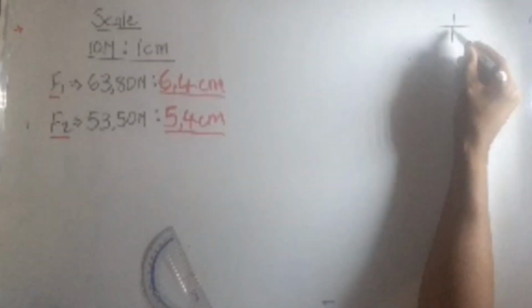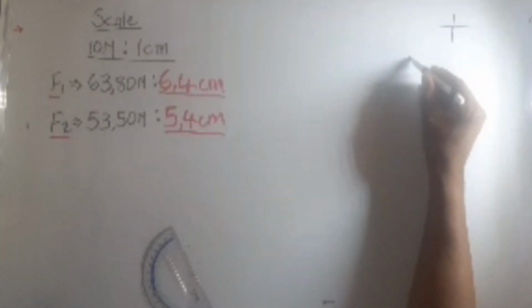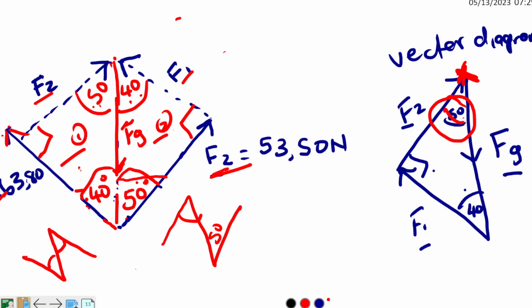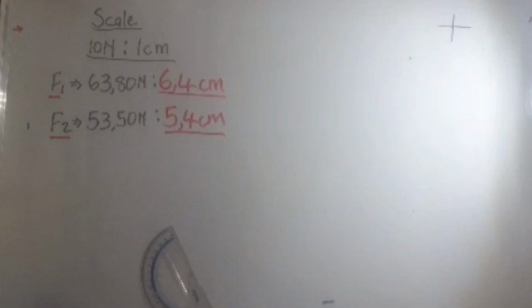So this is 50. This angle is an angle of 50. And we know which vector is that side. That vector is F2, this one. So we're going to start with this one, which is an angle of 50, is F2. So that's the one we start with.